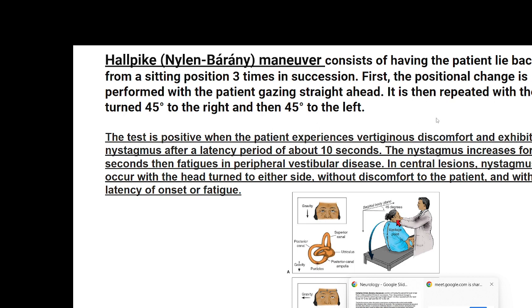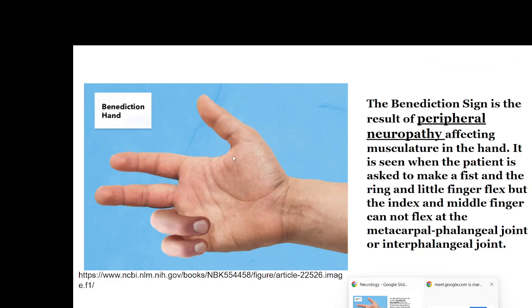Now when you rotate the head in the different positions, if the patient develops giddiness, a feeling of vertiginous discomfort, and nystagmus, that's a sign that the patient may have neurological conditions like central lesions. The issue is that in case of central lesions, the nystagmus may occur on head turn to either side in any of the situations. That's another clinical sign which is often elicited in neurological conditions.